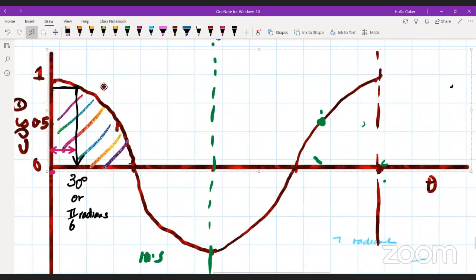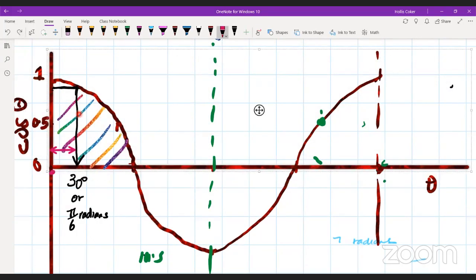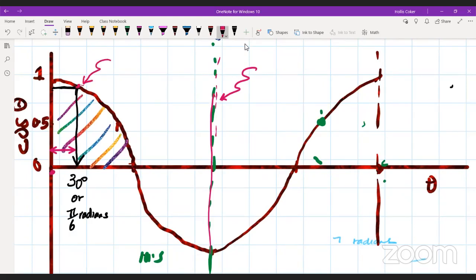So what they're saying then, if I was to fold this graph over about the halfway line, this line here, as this line of symmetry, this point here will fall exactly on that point there.